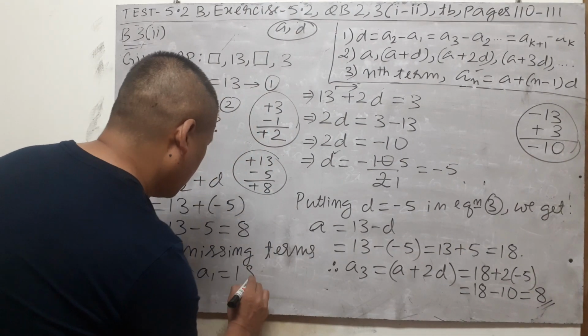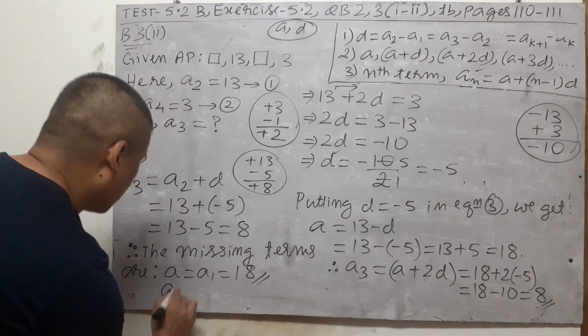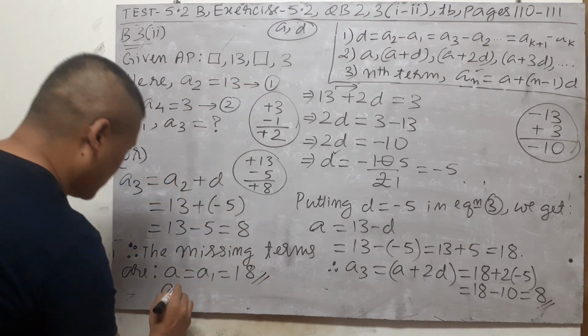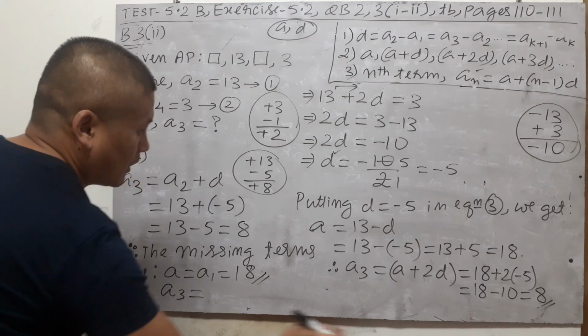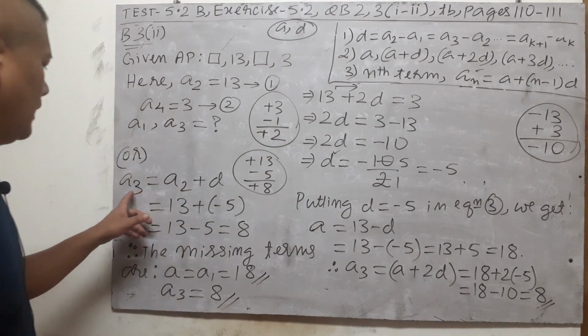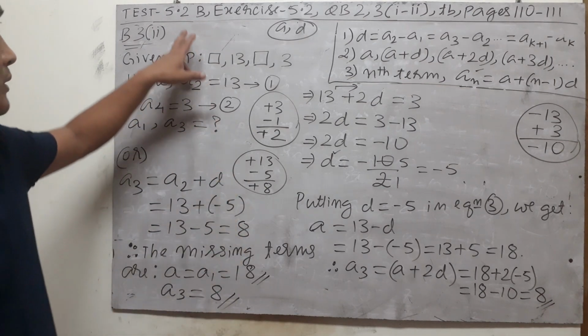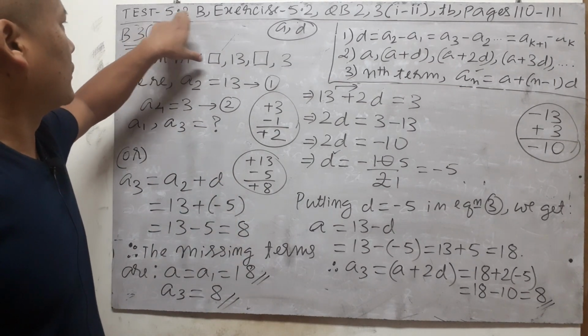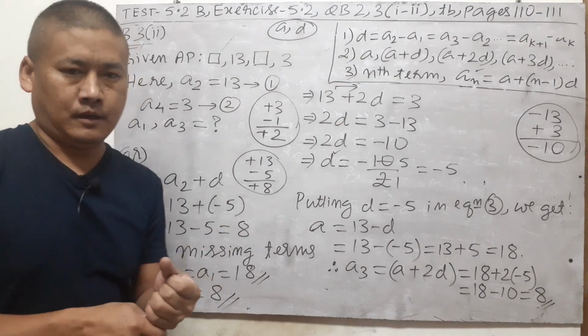So you write your 18, first one. And the next missing term, 1, 2, 3, in the third position is next box. So A3 equal to 8 here. And even 8 here. So that concludes or completes the part for test 5.2B. Okay. I hope you got it, right?